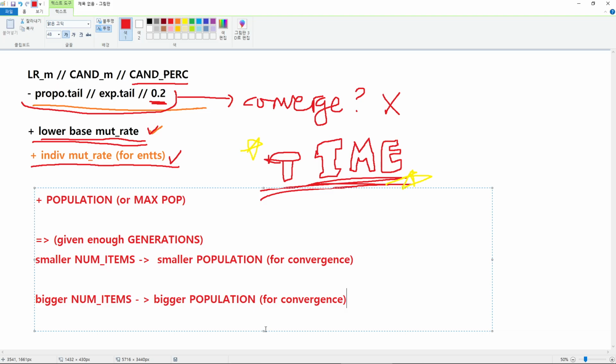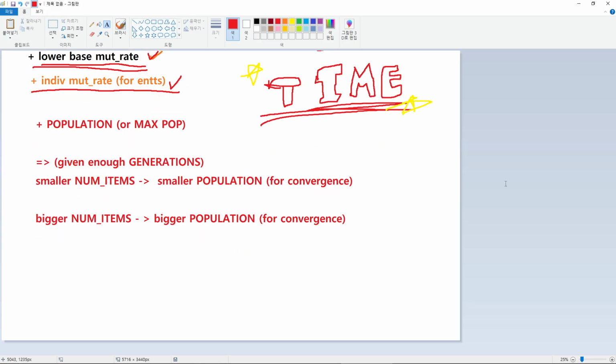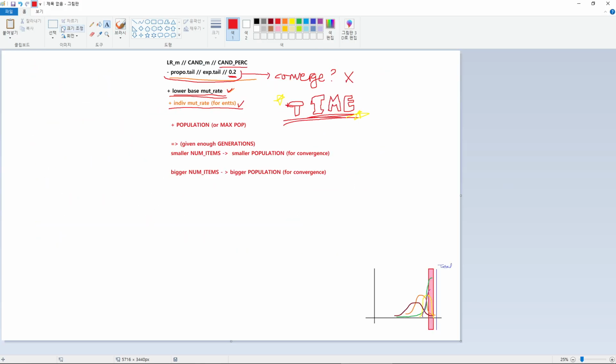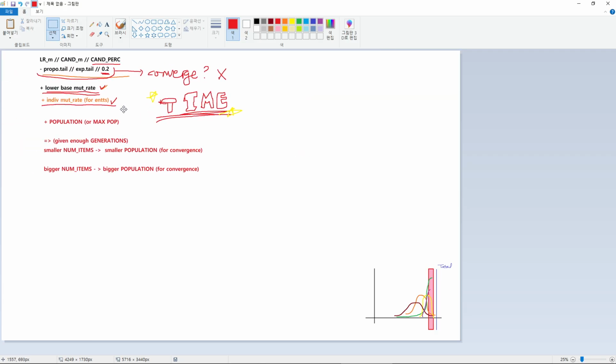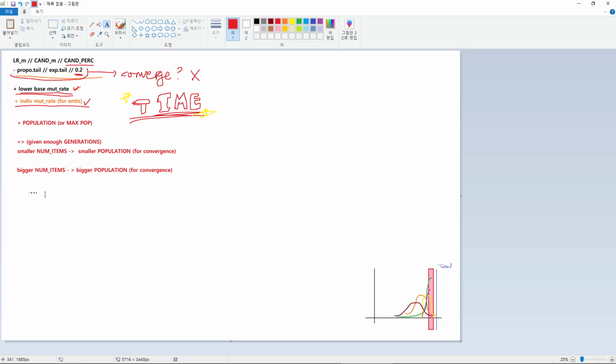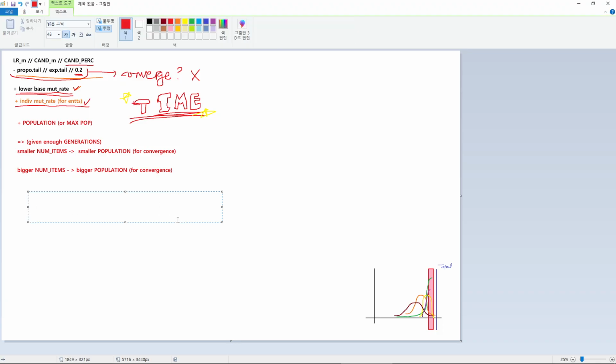So what I did was, for num items, if this is num items, then if it was 10, I would have 20, and then 30, and then 40, 50, 70, 80, 90, 100.